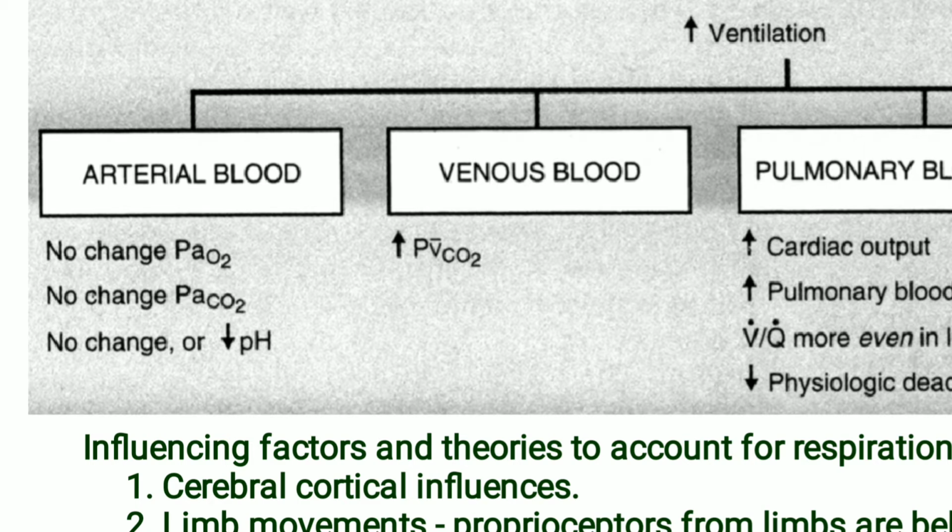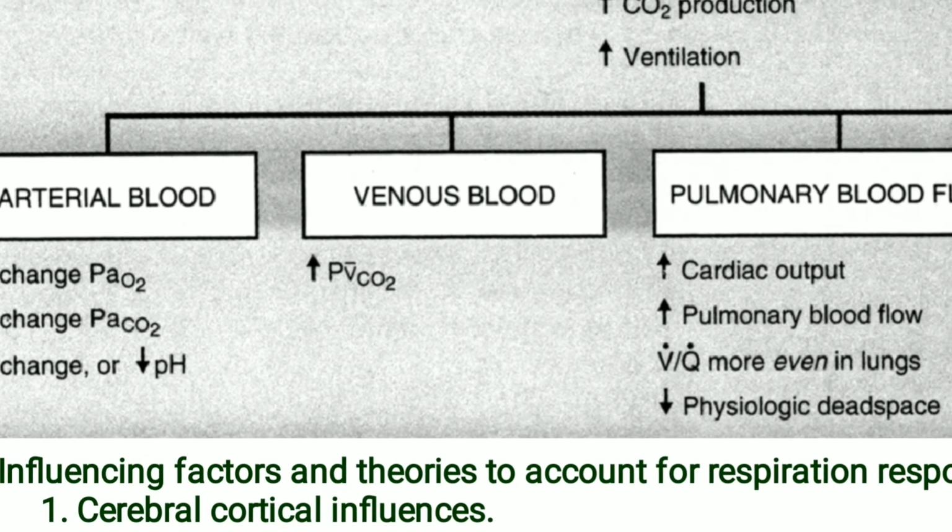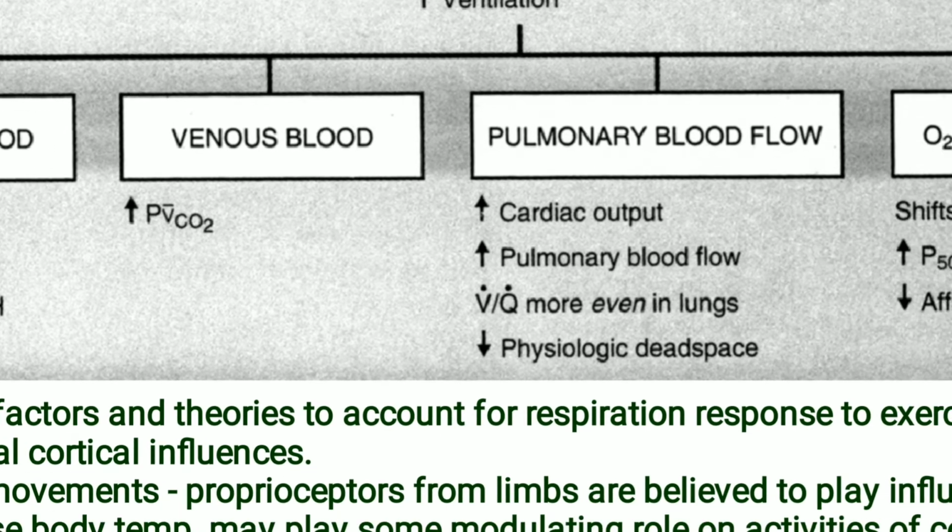There is not much change in the arterial partial pressure of oxygen, not much change in the arterial partial pressure of carbon dioxide, and no change in pH or a decreased pH seen in maximum exercise. On the venous side, there will be an increase in the partial pressure of carbon dioxide. At the same time pulmonary blood flow increases, the ventilation perfusion ratio increases, and there is a decrease in dead space volume.